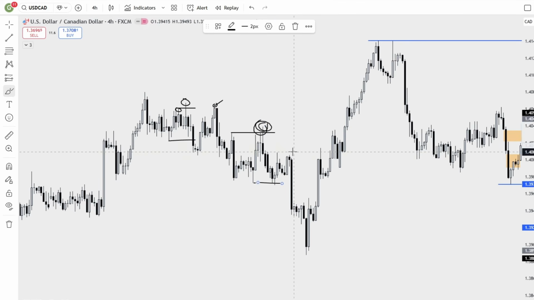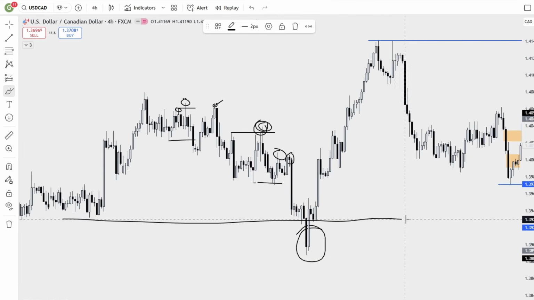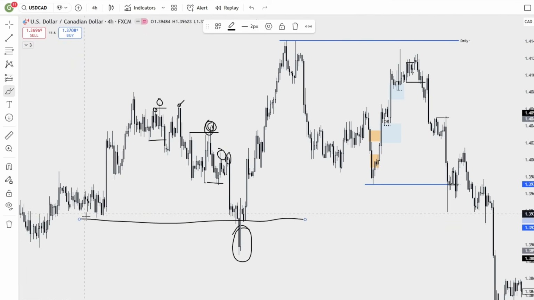Okay, this is internal liquidity. This is going to be external because it purged all those lows right here. And those lows are external as well because they purged here. So once you have a purge and you have a break of structure, this becomes your external.